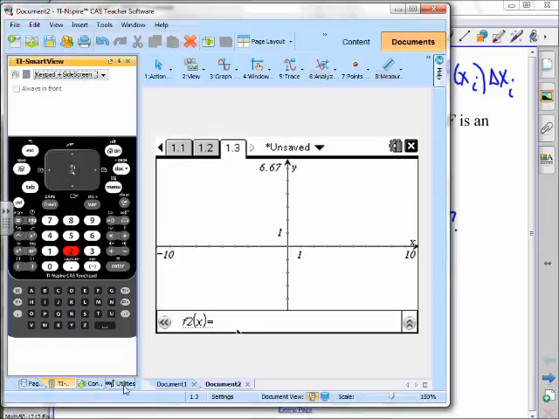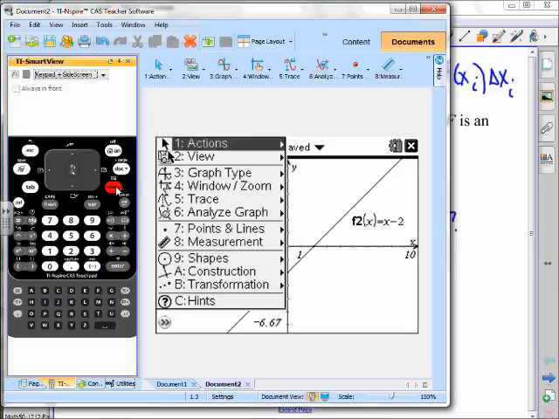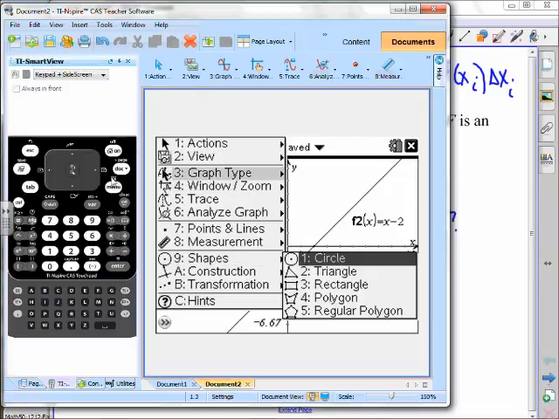We're going to put in here then x minus 2. And we want to integrate from negative 1 to 0. So probably need to change a window so we can get just that much in here.